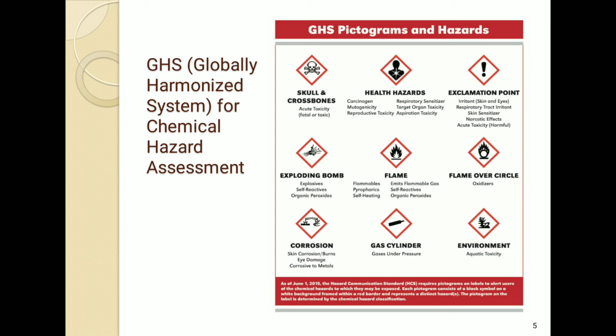Next one is GHS, the Globally Harmonized System for chemical hazards assessment. GHS has pictograms and hazards shown diagrammatically. Firstly, skull and crossbones, health hazards, exclamation point. Next is exploding bomb, flame over circle, corrosion, gas cylinder and environment.